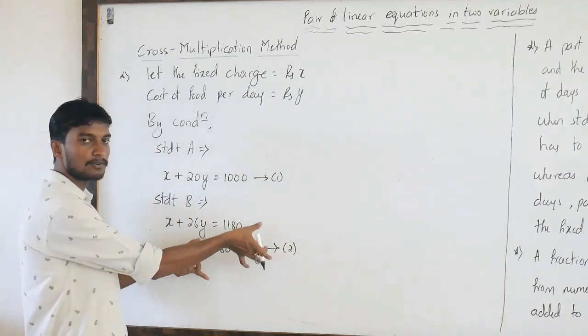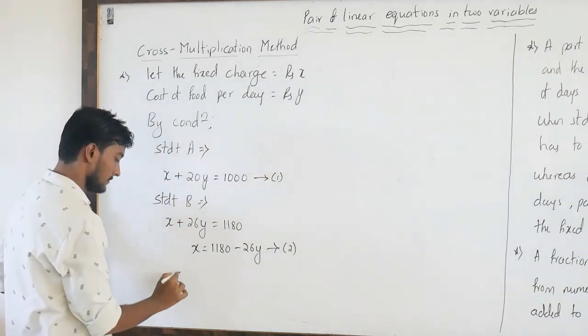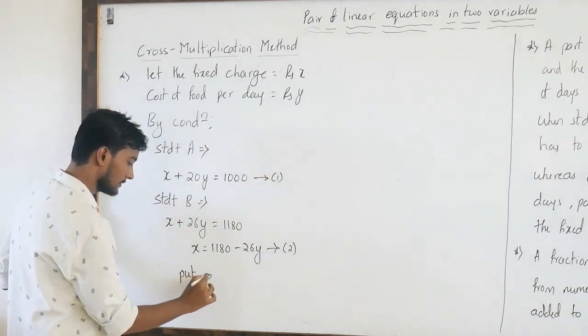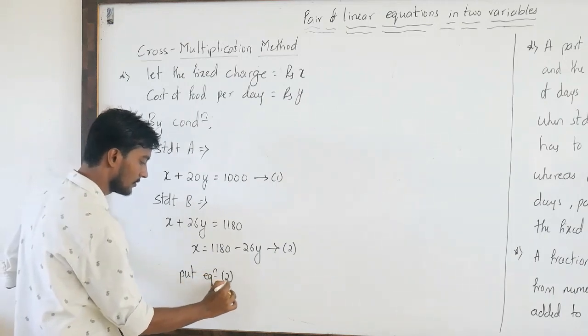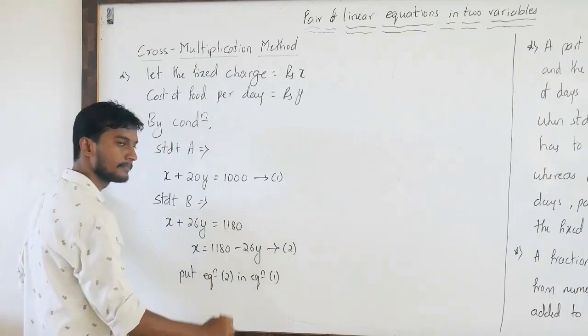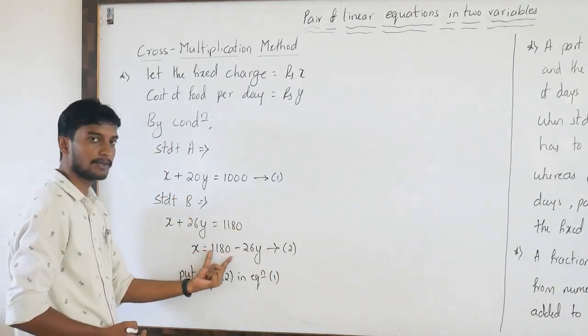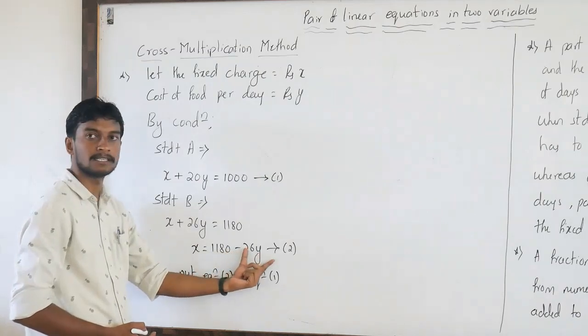Now substitute equation 2 in equation number 1. Equation 2 is x equals 1180 minus 26y.